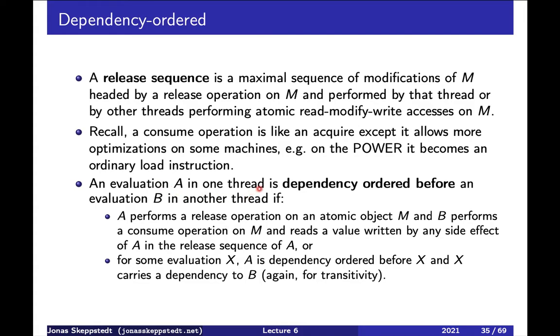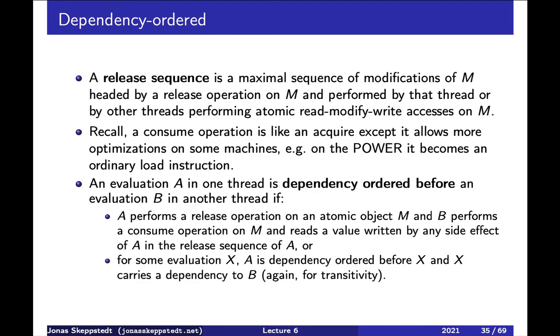Okay, so an operation or evaluation of an expression A in one thread is dependency ordered before another evaluation B in another thread if A performs a release operation on some atomic object M and B performs a consume operation on this M and reads the value written either by this A or in the release sequence of A, meaning whatever was read and modified by this sequence.